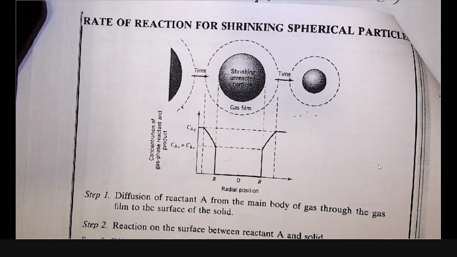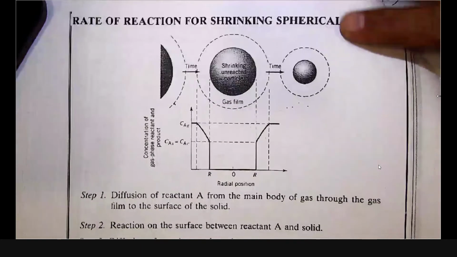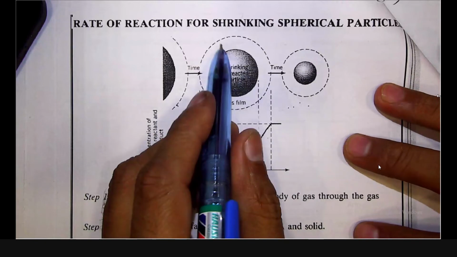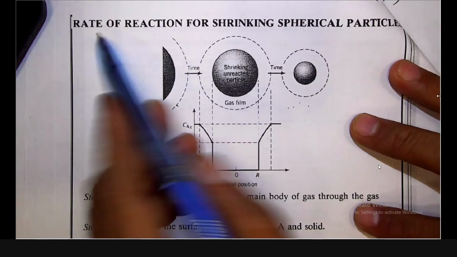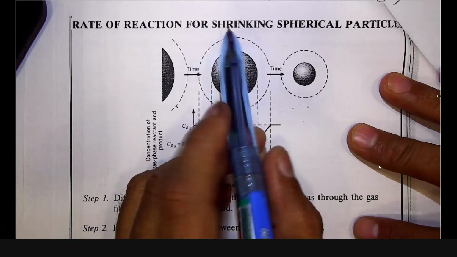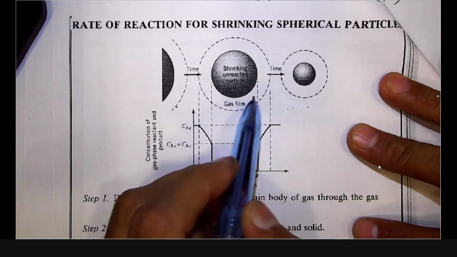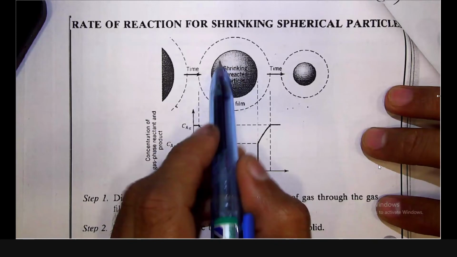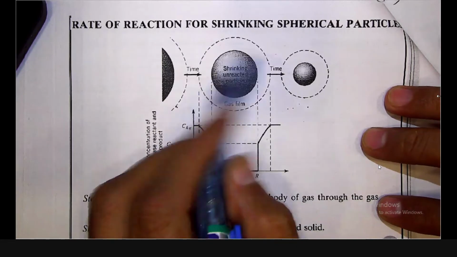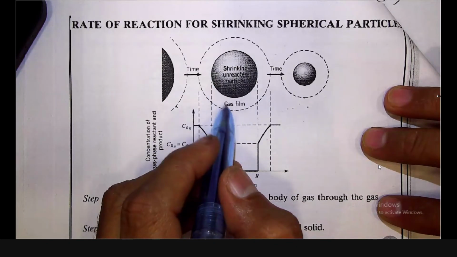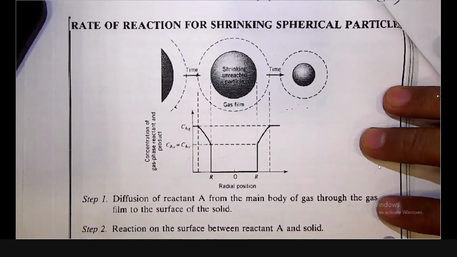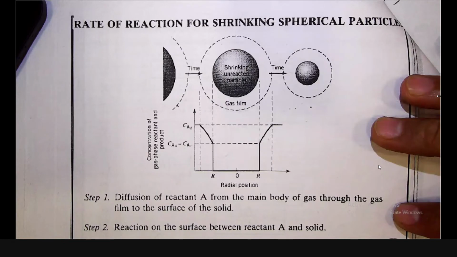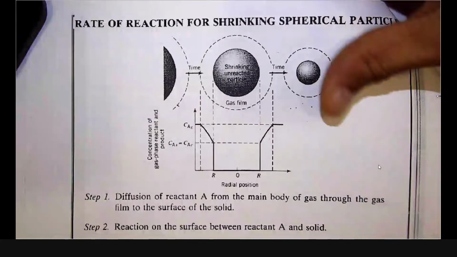There will not be any ash layer because the case is that we have seen some example of the shrinking spherical model. Okay, shrinking core model, but here it will be the shrink of this. There will not be any layer on this one. So there are only two resistances, gas film and the reaction. So reaction will be as it is, as we have seen in the earlier case for reaction control.